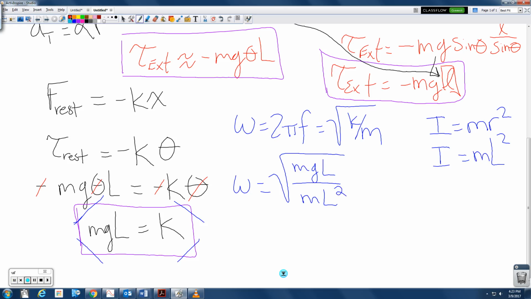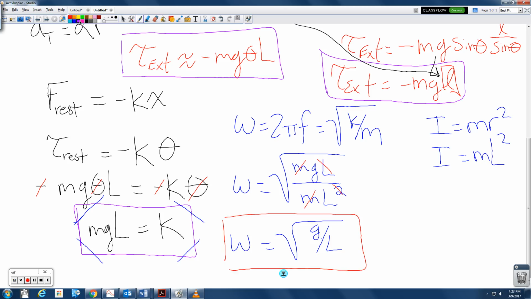Notice we can simplify this. The m's go away, L up top and one of the L's down below go away. We have the angular frequency omega for the pendulum as the square root of g divided by big L. Okay, so there is our angular frequency for the pendulum.